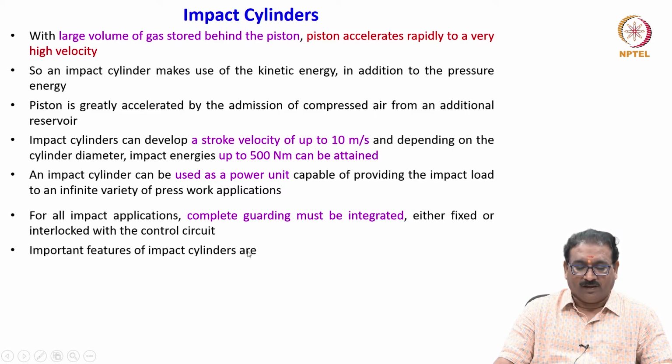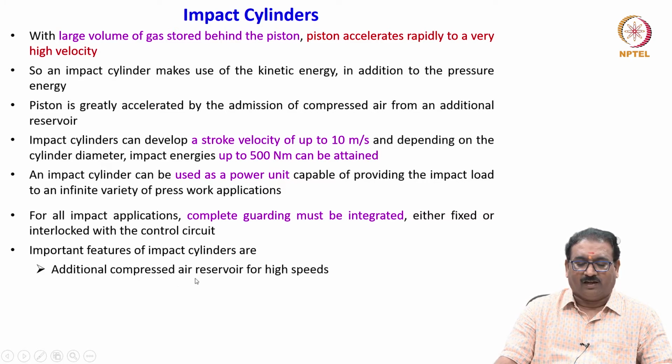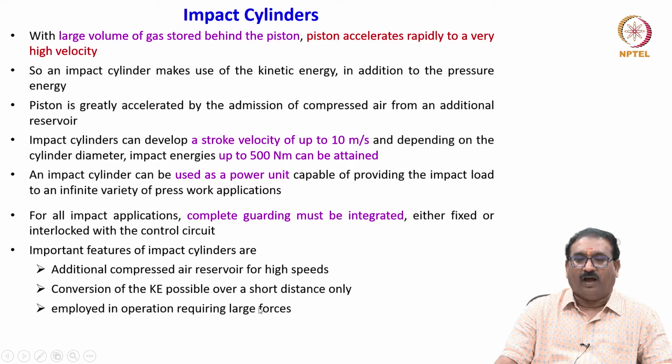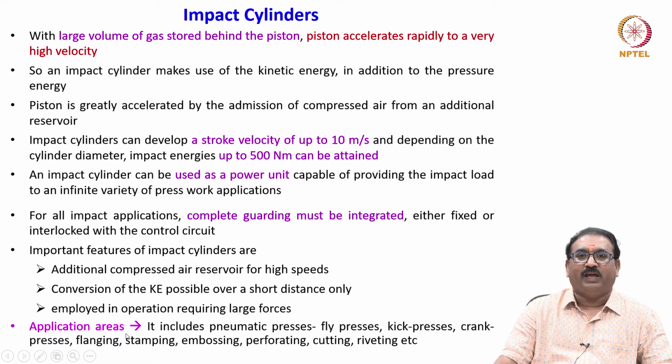Important features of the impact cylinders are an additional compressed air reservoir for high speeds, conversion of the kinetic energy possibly over a short distance only, employed in operations requiring large forces. Application areas include pneumatic presses like fly presses, kick presses, crank presses, flanging, stamping, embossing, perforating, cutting and riveting operations.